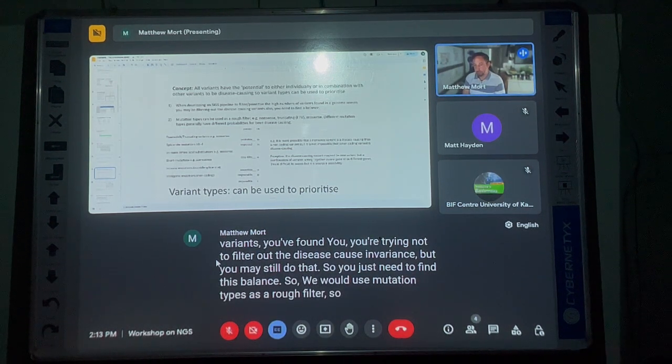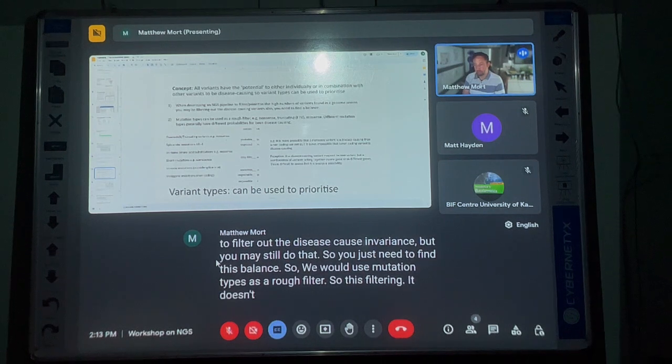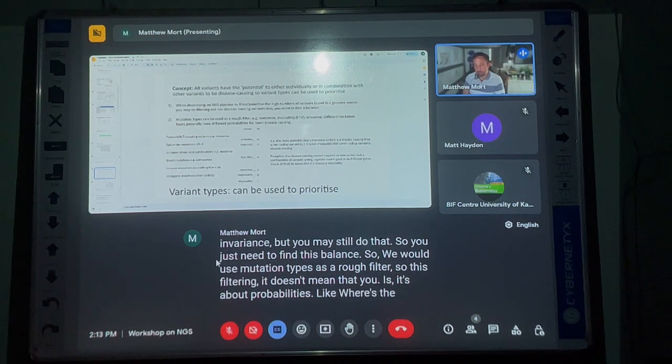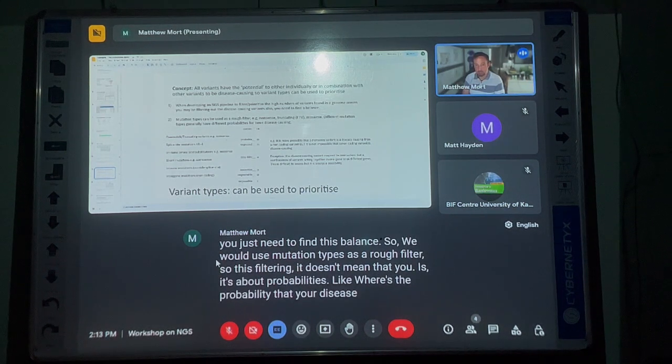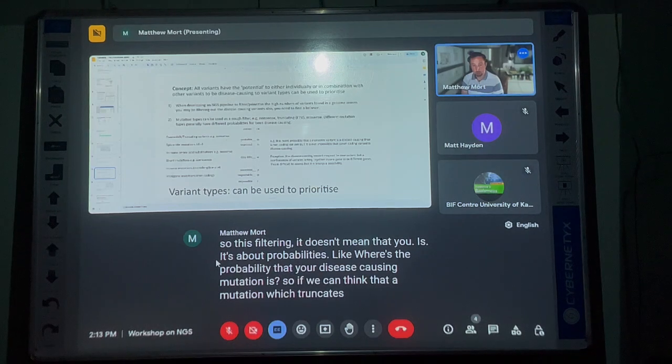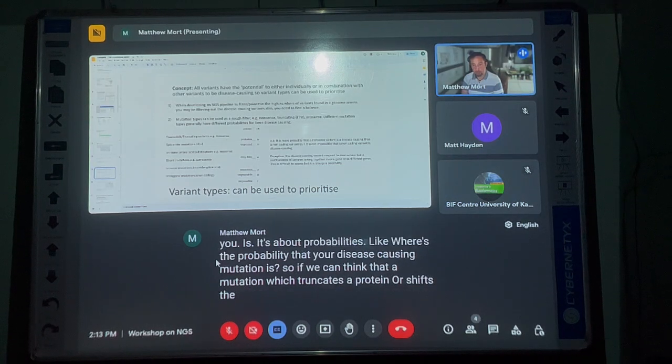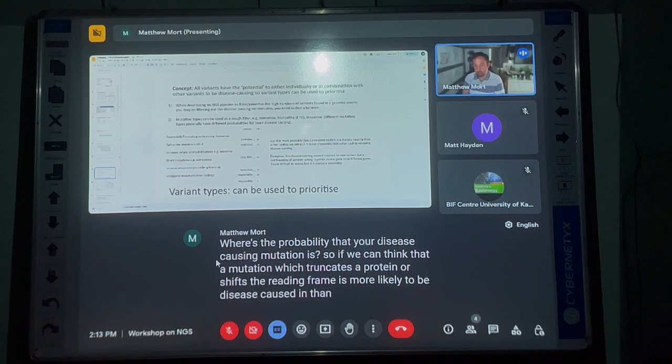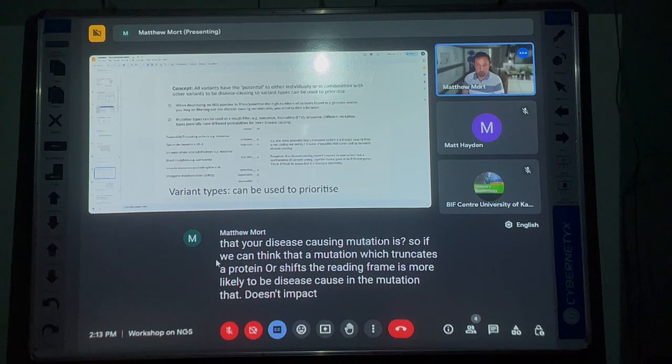This filtering is about probabilities, like where's the probability that your disease-causing mutation is. We can think that a mutation which truncates a protein or shifts the reading frame is more likely to be disease-causing than a mutation that doesn't impact the coding sequence.